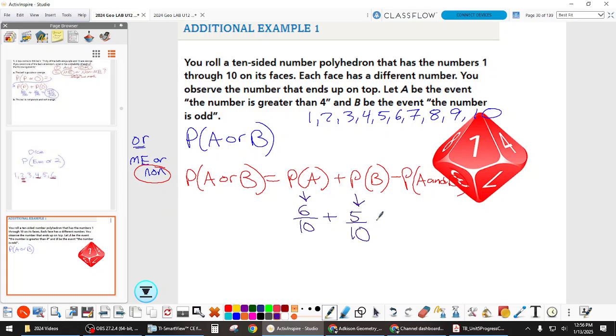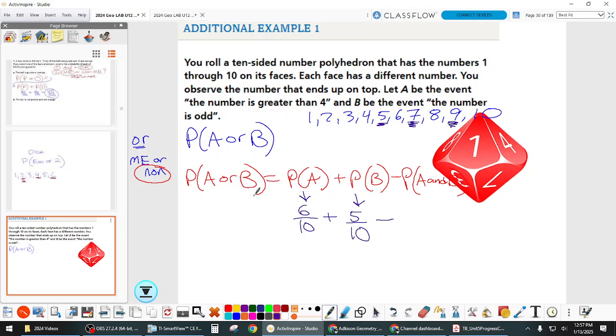Okay, here's this new piece. Probability of A and B. So both greater than 4 and odd. So Kyron already said those. Which numbers are they? What numbers are greater than 4 and odd? It's just these ones, right?